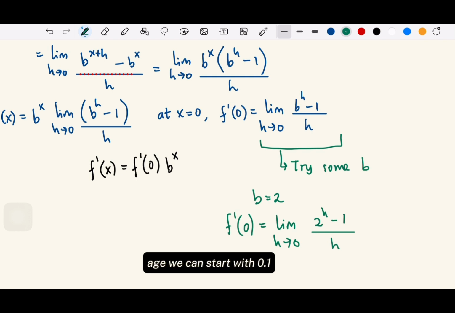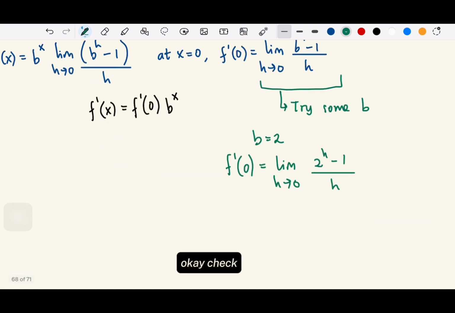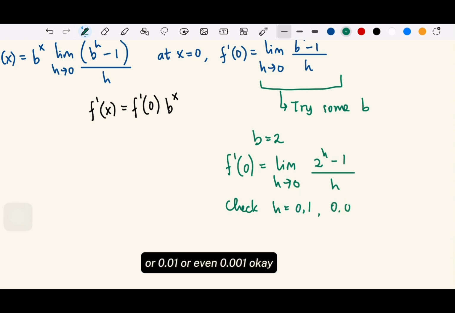We can start with 0.1, 0.01, like we did in limits before. We try some numbers that are really, really small and getting close to 0. Check h equals 0.1 or 0.01 or even 0.001.